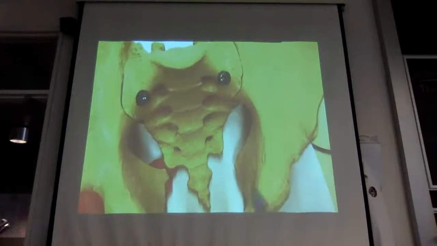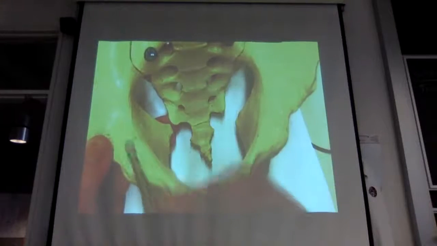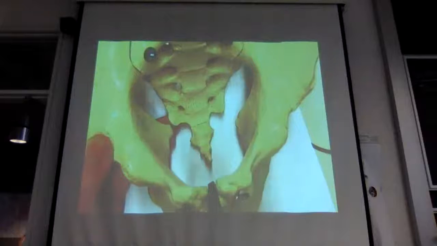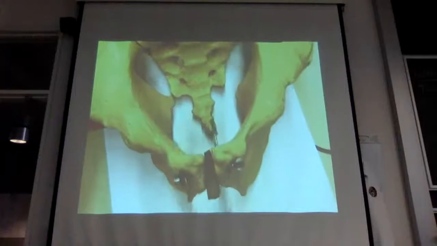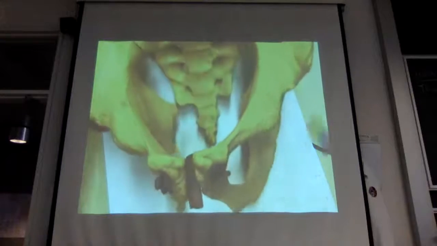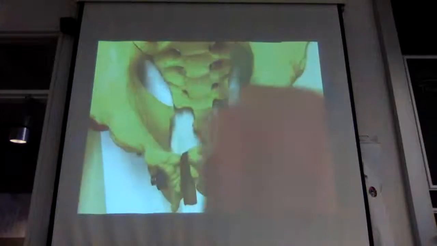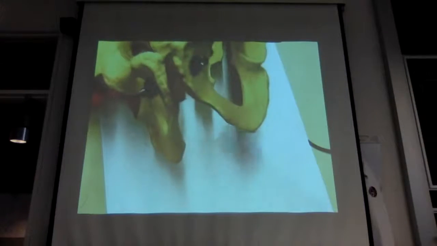The brim here, this is the pelvic brim, just below the fossa. So this is the pelvic inlet. The pelvic outlet would be down here. Think of it like a basketball hoop. You got a larger rim, the pelvic brim, and then when the ball goes through the hoop, it comes out down here.